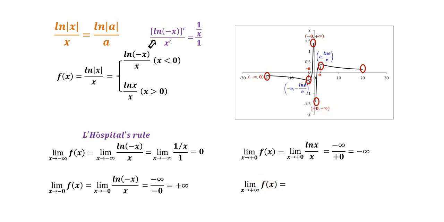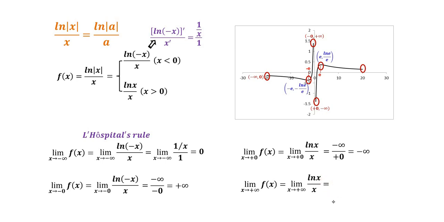So let's calculate this one. Here again, x is positive and f(x) is equal to ln x over x. When x is approaching positive infinity, ln x is going to be positive infinity, and x is positive infinity. So here again, infinity over infinity. So we're going to use L'Hospital's rule, and this limit is equal to the limit of the ratio of the derivatives of the numerator and the denominator.